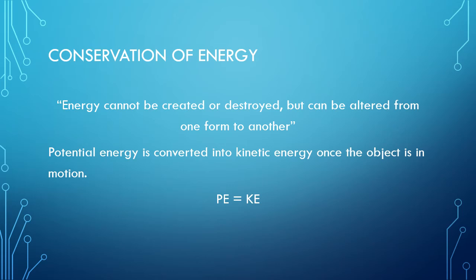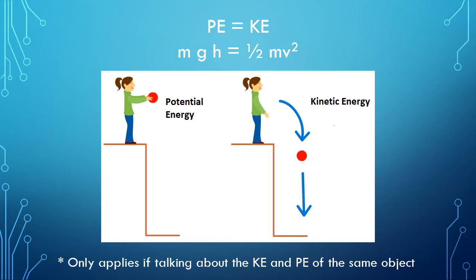Due to the conservation of energy, we can actually set potential energy, PE, equal to kinetic energy. So what I have here is the equation for potential energy, mgh, set equal to the equation for kinetic energy, which is 1/2 mv squared.